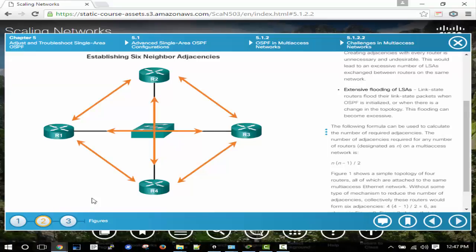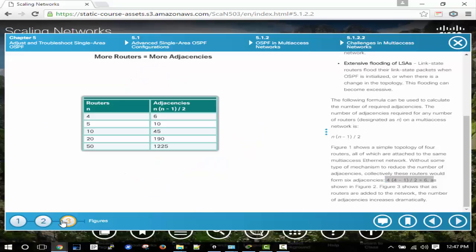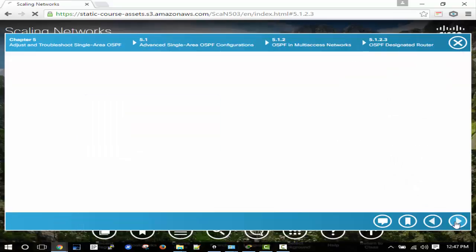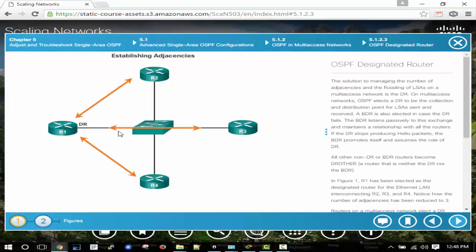As you can see, with 4 routers, we have 4 minus 1, which is 3, times 4 equals 12, divided by 2 equals 6. That's just the formula for adjacencies, and it shows you how adjacencies scale fast, and that's why we do multi-area OSPF, to keep adjacencies down. But I guess that's for tomorrow, right?